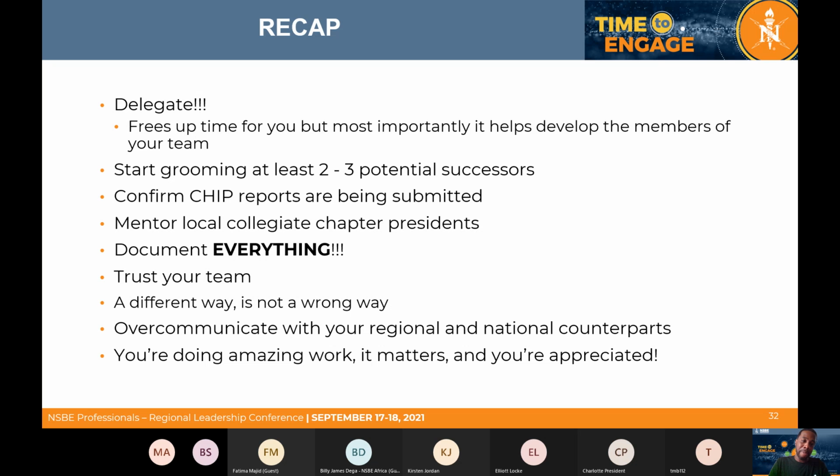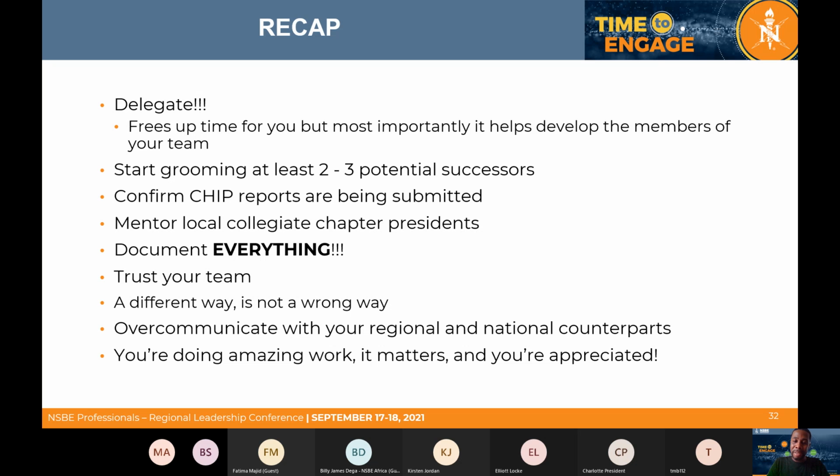As an admin zone, you're responsible for making sure CHIP reports are being submitted, and obviously we're refining CHIP, so it won't be exactly what we've been doing, but you'll get that information later. Mentor local collegiate chapter presidents.